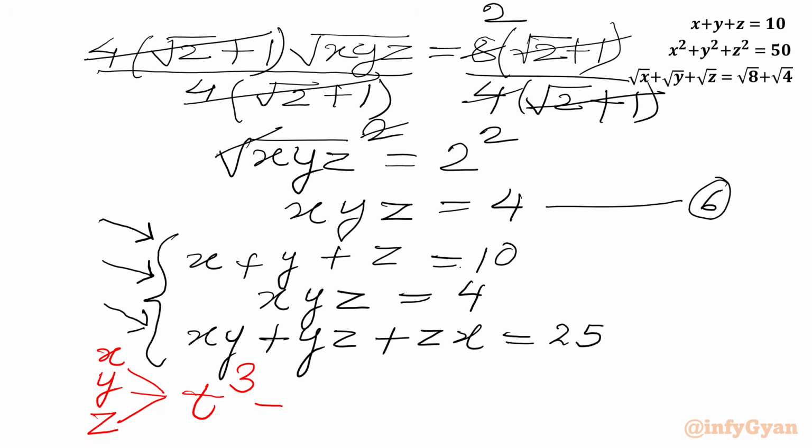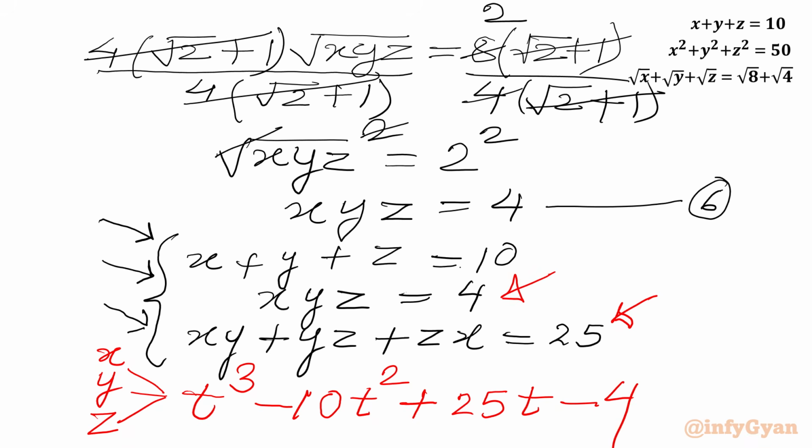Then t cube minus sum of roots, 10t square, plus sum of roots taken two at a time, so we will write here 25t, minus product of roots, which is 4, equal to 0.